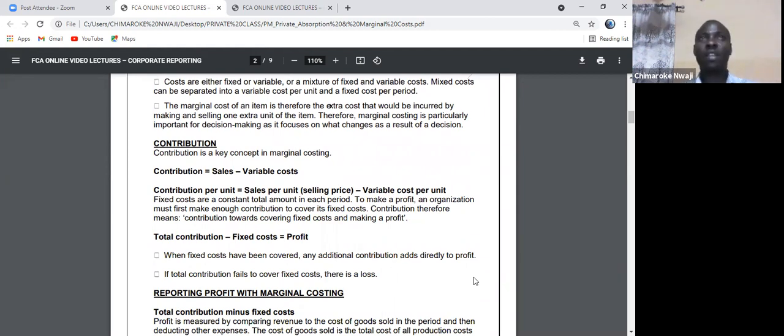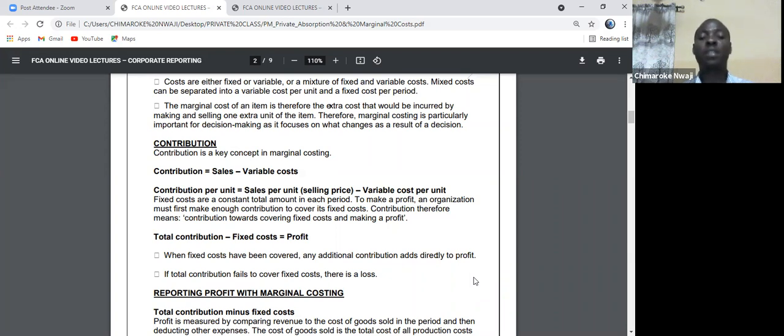And so the major difference between the style of reporting of absorption costing and the style of reporting of marginal costing is the showing of contribution. Contribution plays an important role. So everything you're going to do in PM, everything you're going to do in decision making, you're going to be seeing the word contribution.